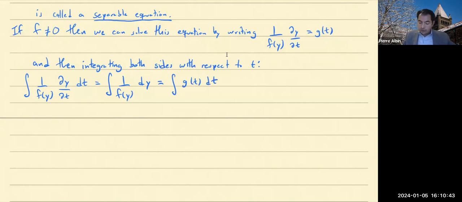Then just for emphasis, I'm going to go ahead and put the plus c, although, as we just discussed, this antiderivative notation just means some function whose derivative is g of t. So the plus c is, if you like, already implicit there. So this is, in a sense, the solution. All that's left is to try to make it more explicit.